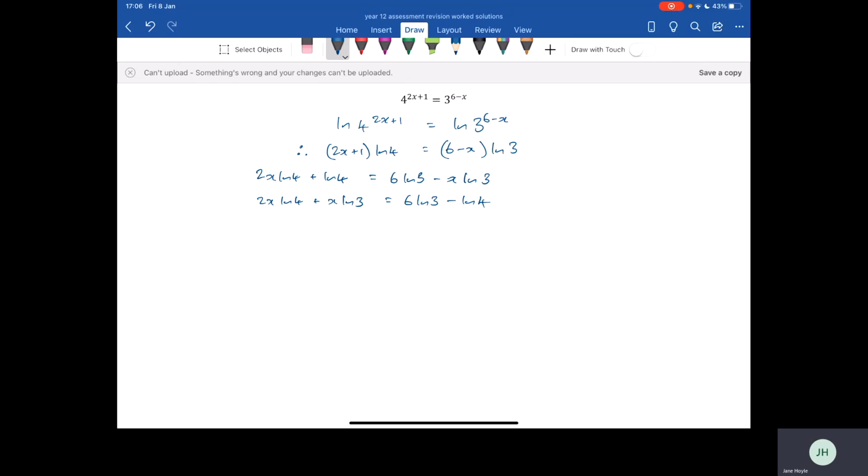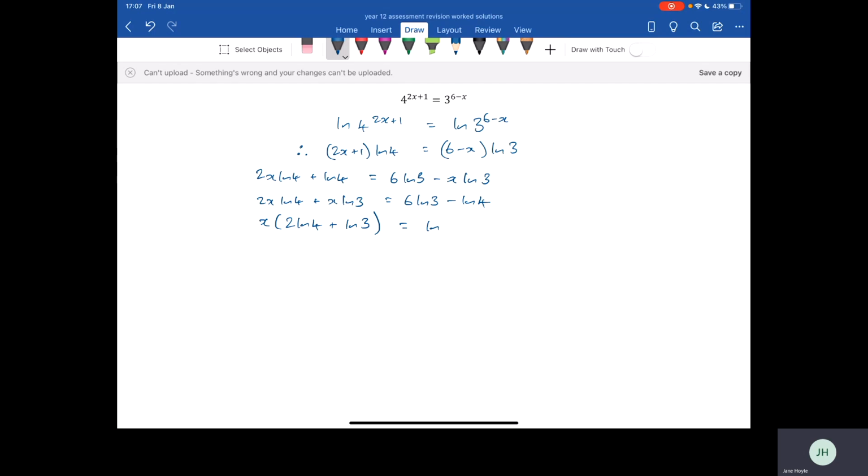Okay, now we are going to have quite a big number, I think, on that right-hand side, because I've got 3 to the power of 6 coming up. But let's not get distracted. Let's do the left-hand side first. So I've taken out x as a factor.